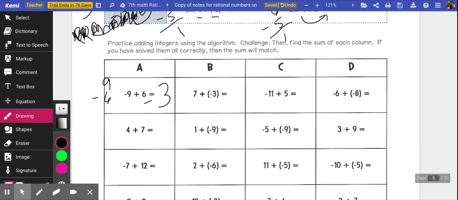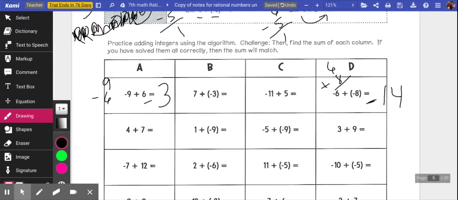Okay, over here we have -6 and a -8. So the signs are the same. So we actually add them. So we have 6 plus 8 and we get 14. And since all of those would be negative, they all stay negative. Negative people plus negative people equal all negative.